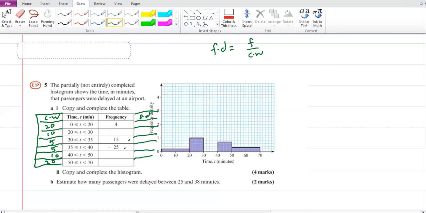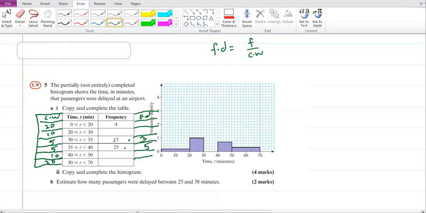So frequency divided by class width means 15 divided by 5, the frequency density will be 3. You have to first copy and complete the table, and then copy and complete the histogram. In the same way, this is 25 divided by 5, and the frequency density will be 5.